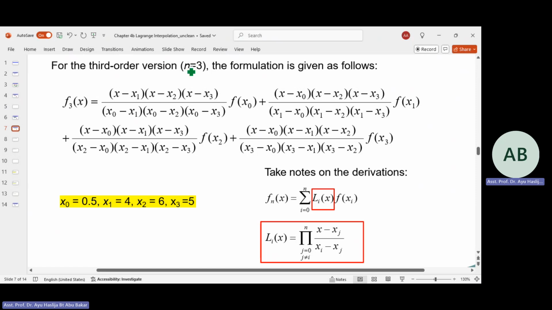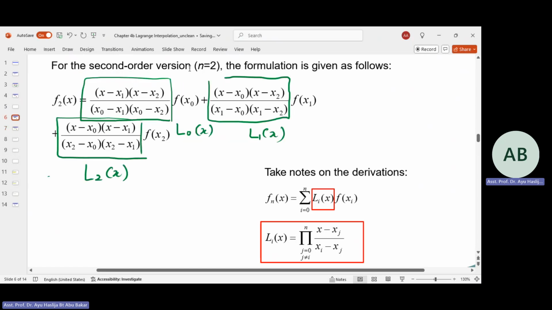Okay, you must include all the data points. L3, we have x0, x1, x2, x3. So your L function must include all data points. It is not limited to this.